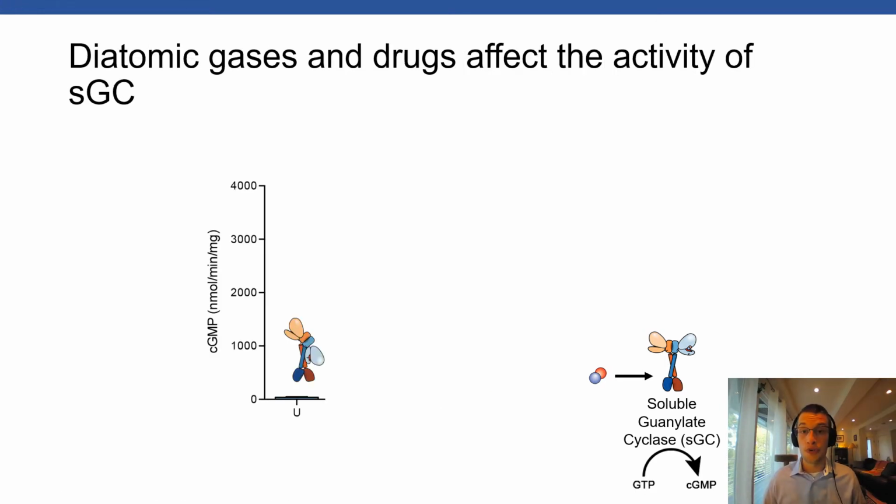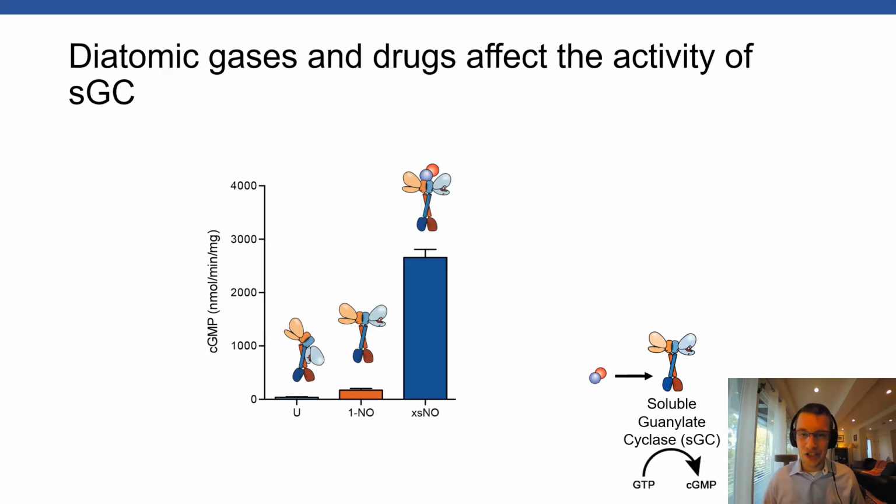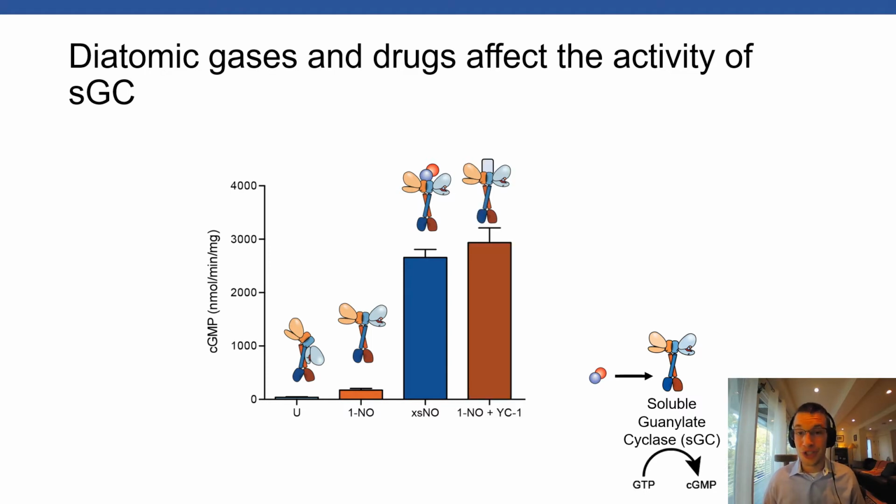We know that with no nitric oxide present, SGC is not active. Even with just a stoichiometric amount of nitric oxide, the enzyme is still only marginally active. It takes either excess nitric oxide or one nitric oxide with a small molecule stimulator to reach maximal activity of soluble guanylate cyclase.